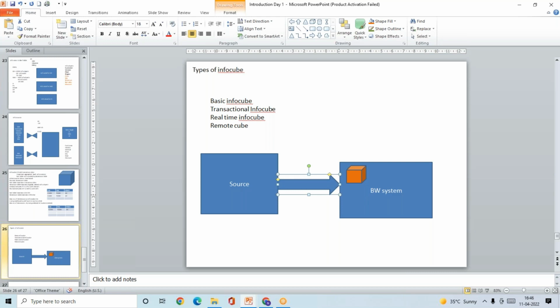That is the support work of the BW consultant. The data you have within the BW system is always 1 day delay data. Clear?